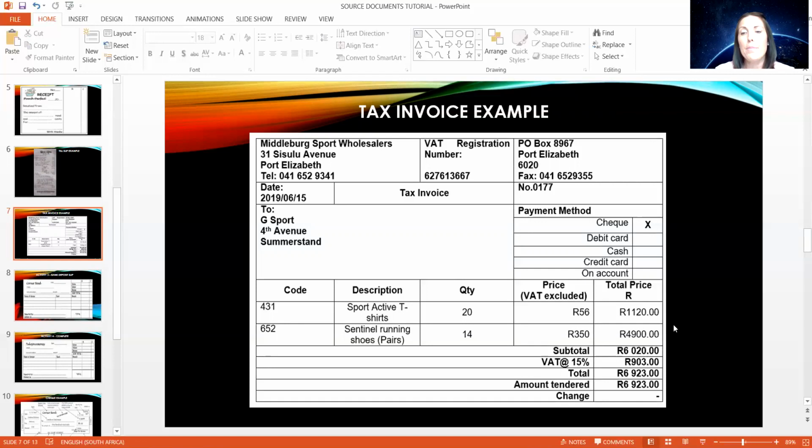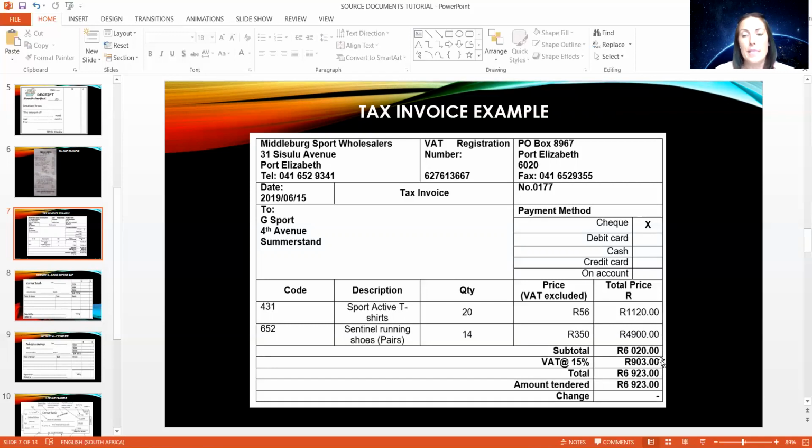Then we get a subtotal by adding 1120 plus 4900. That gives us 6020. This business then has added the VAT of 15%. How do we get that? We would say 6020 times 15 divided by 100, and that will give you the 903.